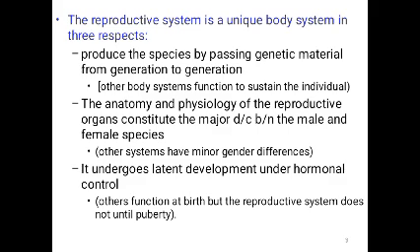The anatomy and the physiology of the reproductive organs constitute the major difference between the male and the female species; other systems have minor gender differences. It undergoes latent development under hormonal control. Others function at birth, but the reproductive system does not until puberty.